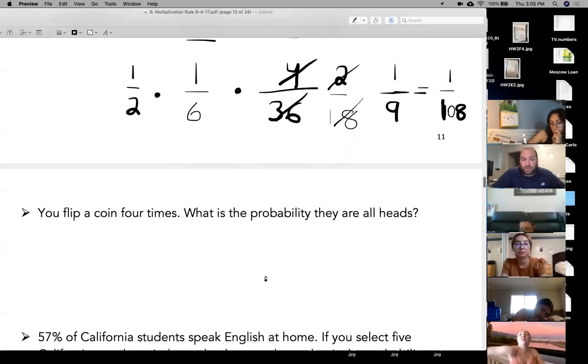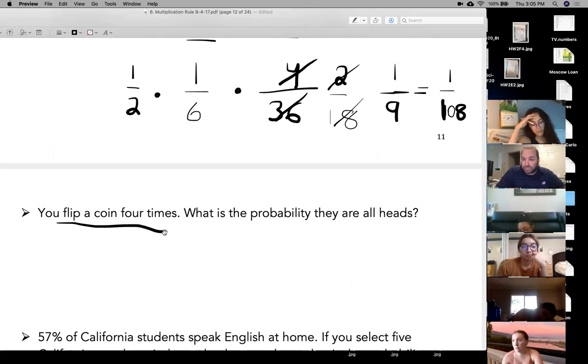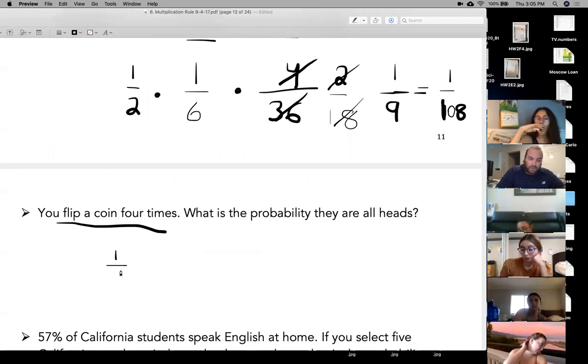Here's another one. You flip a coin 4 times. What is the probability that they are all heads? Are the 4 flips independent? Yes, why would one flip affect the next one, right? So the first flip, what's the probability the first flip is a head? 1/2. 2 outcomes, right? Heads or tails.